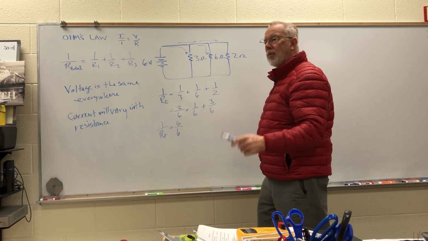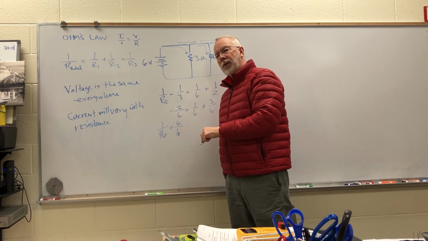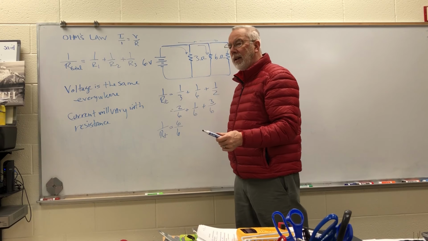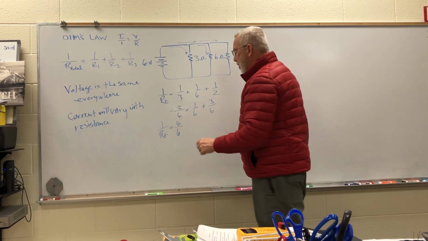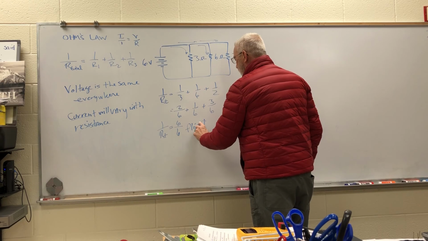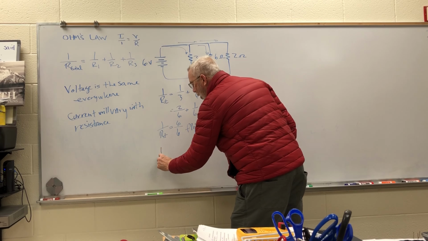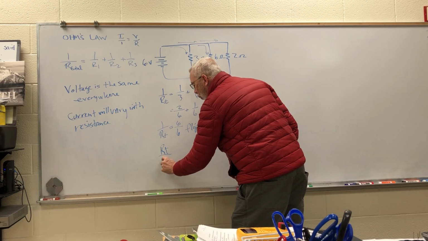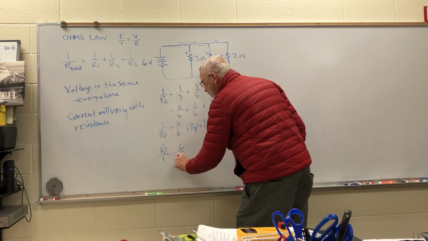Now, it doesn't really matter in this particular situation mathematically, but I want you to get used to this. I want you to flip it. And what I mean by that is R total over 1 is equal to 6 over 6.